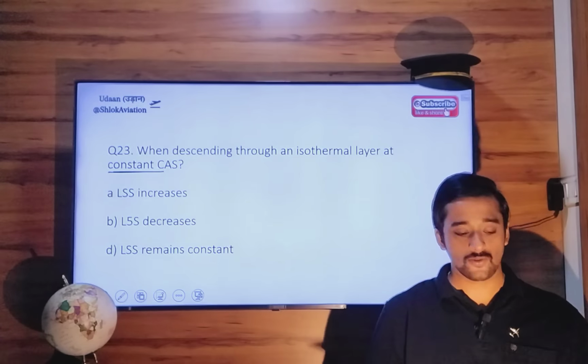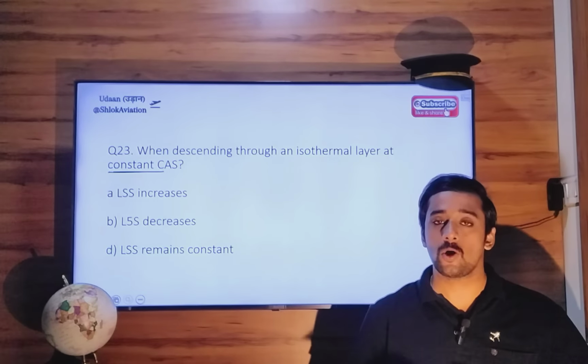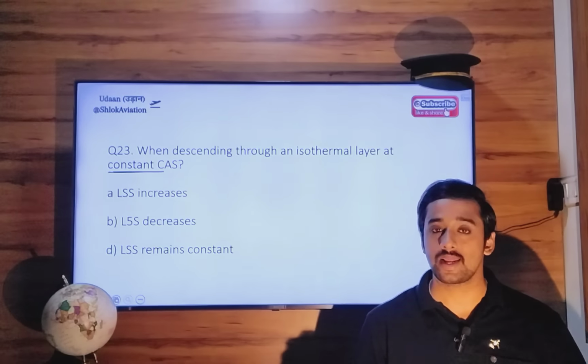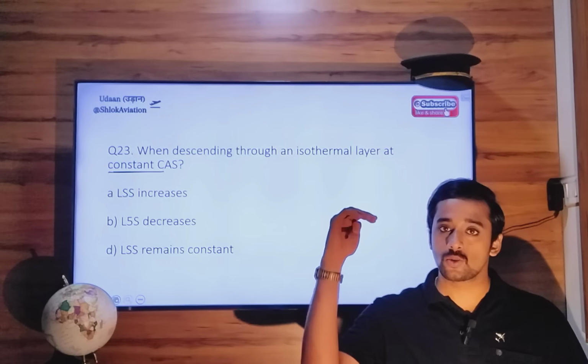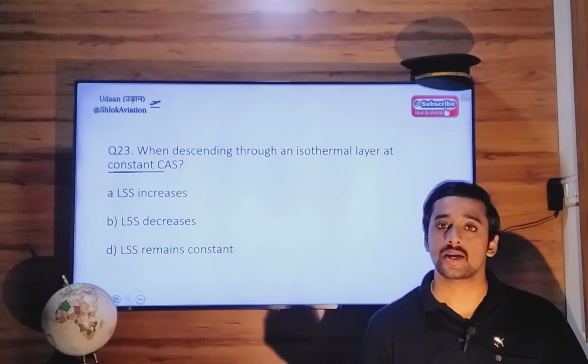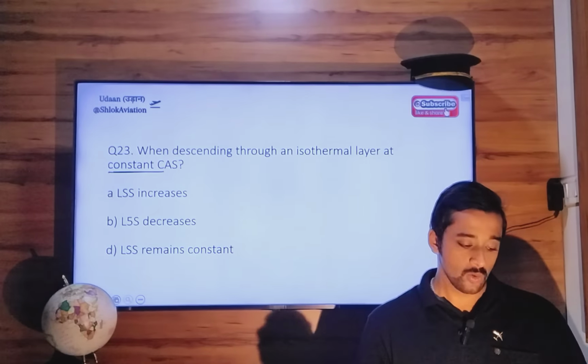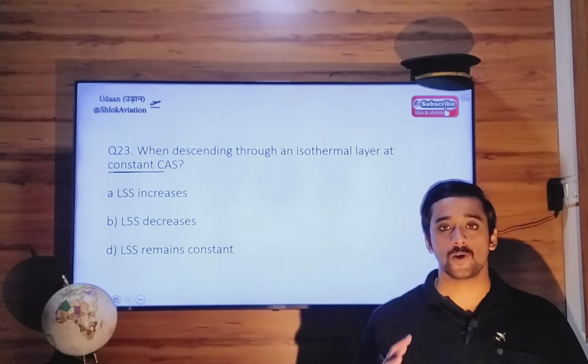So increasing atmospheric pressure will increase the value of your calibrated airspeed in your airspeed indicator. So in order to maintain the same calibrated airspeed throughout your descent, to keep that value stable, you will have to decrease the true airspeed of your aircraft.